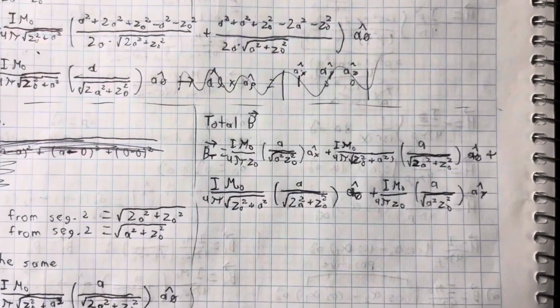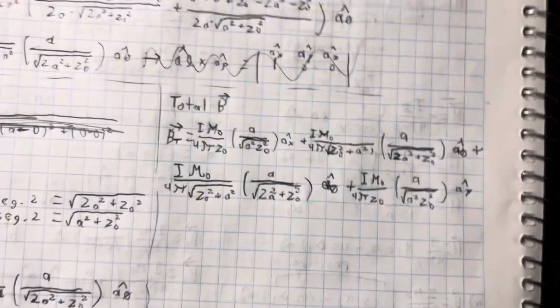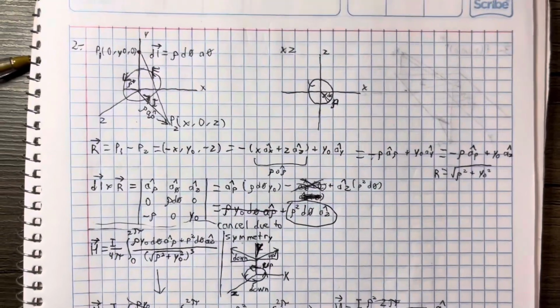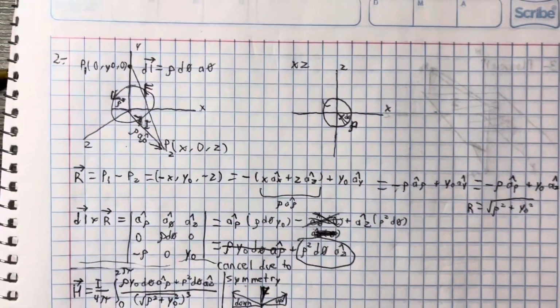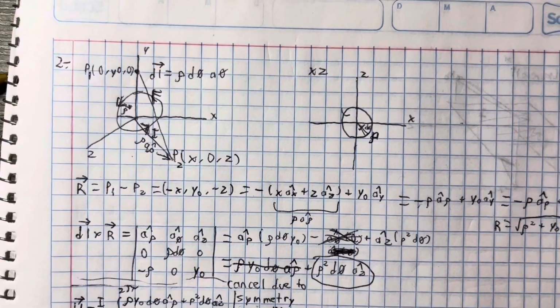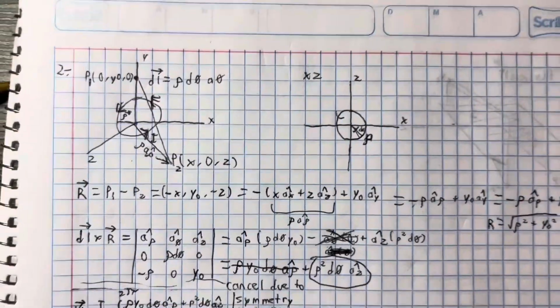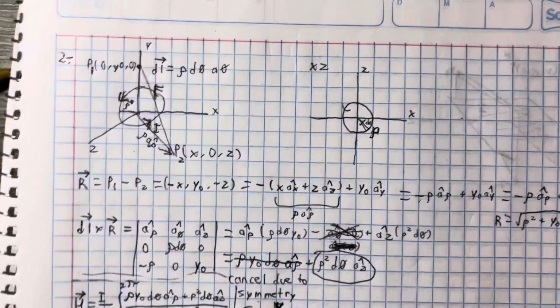To get the total value for B, we just use the sum of segment 1, segment 2, segment 3, and segment 4, the total sum, and that's it. Okay, for situation 2, firstly we have to get the differential of line, the separation vector, and the separation value.